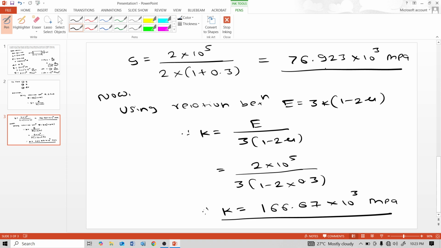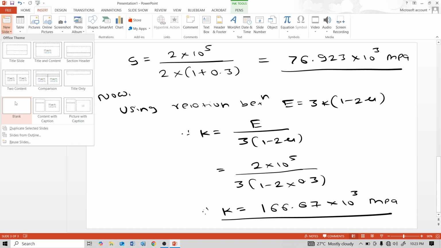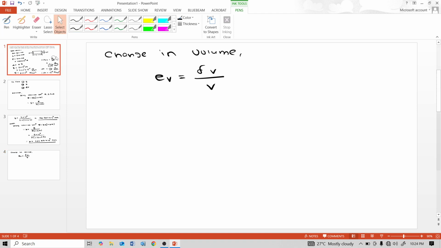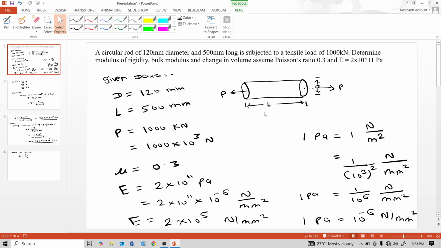Now next find change in volume. For change in volume, first the volumetric strain EV is equal to change in volume to the original volume, delta V to the V. Okay, and we also derived one derivation.